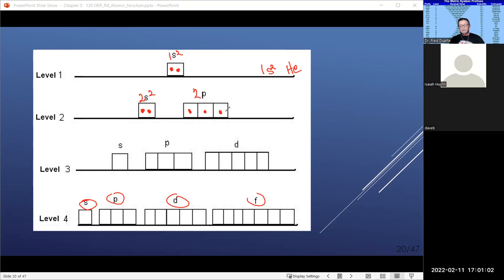Now notice I fill up each individual box first before I double up. That's just part of the mathematics involved. So right now you're at nitrogen. Oh, that would be a 3 here for nitrogen. Now you go to the next one, oxygen.